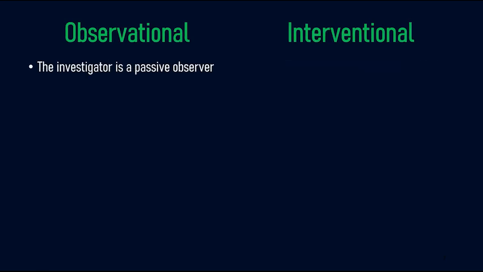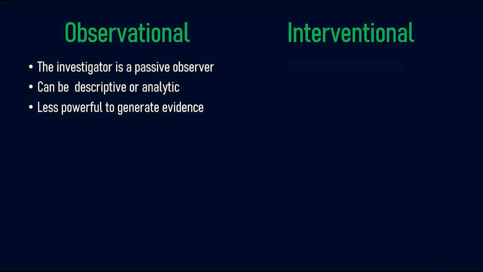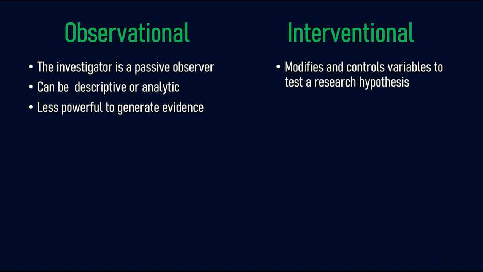This slide describes the difference between observational and interventional studies. In observational study, the investigator is a passive observer. Observational study can be descriptive or analytical, but because of their observational nature, they are less powerful to generate evidence. Whereas in interventional studies, the researcher modifies and controls variables to test a research hypothesis.